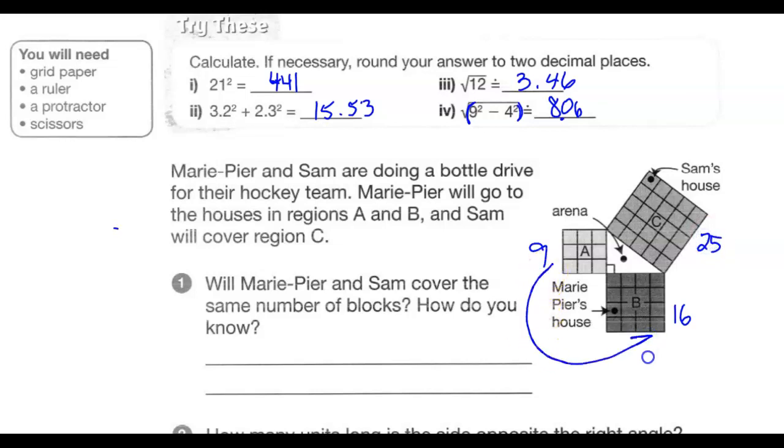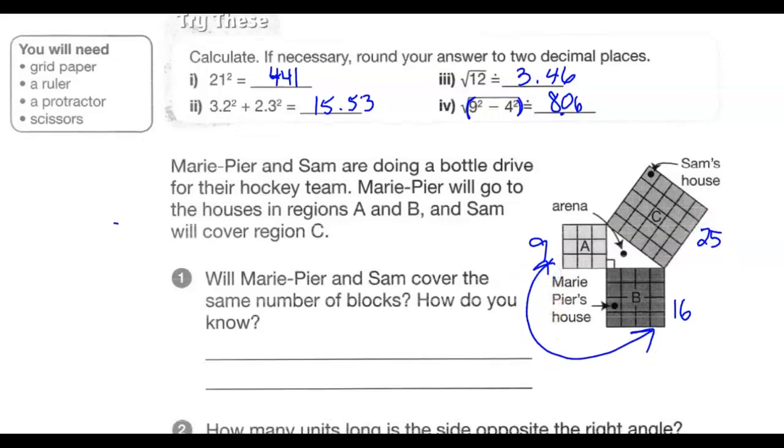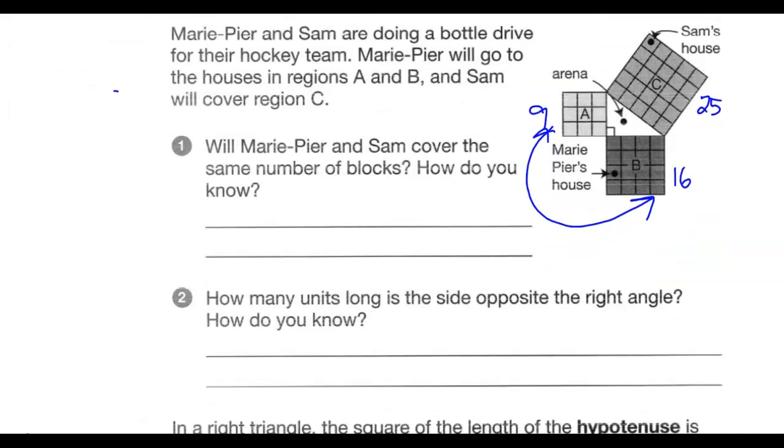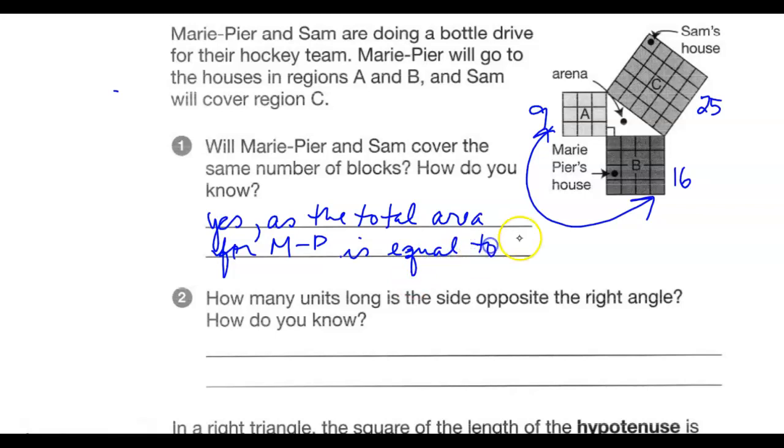Well, 9 plus 16 is 25. So actually, they will go to the same area of houses. Yes, the total area for Marie and Pierre is equal to Sam's area.